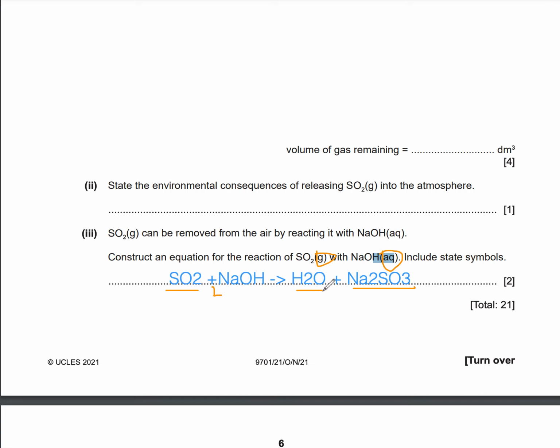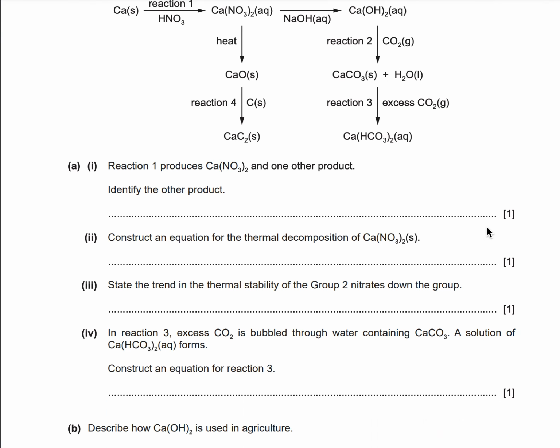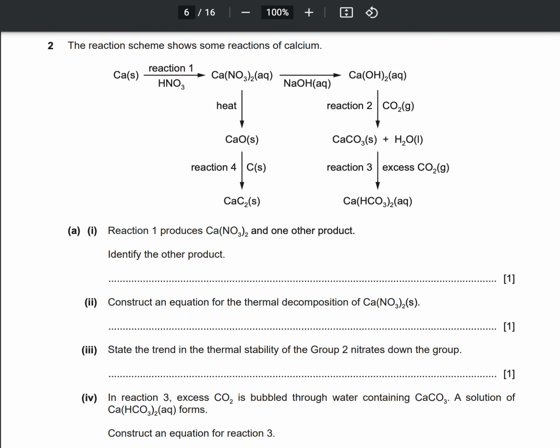We say that it is a compound which is dissolved in water, and the state symbol would be aqueous, which is AQ. We write it as AQ. Okay, that's question number one. We are done with question number one.